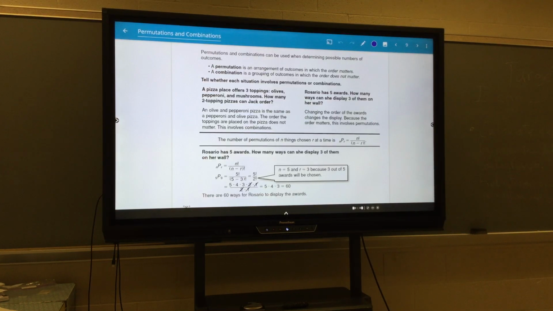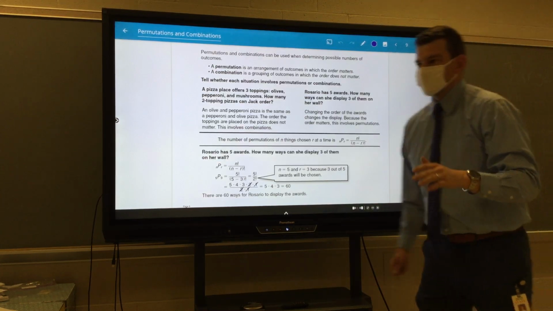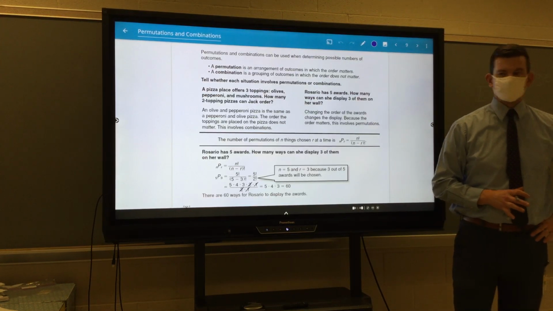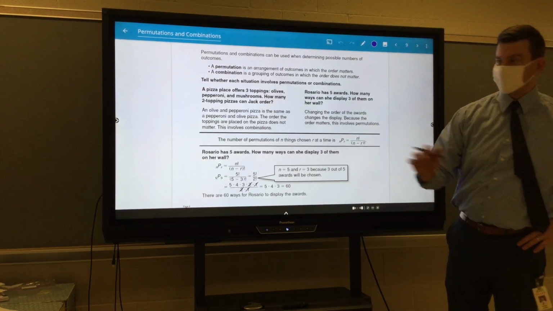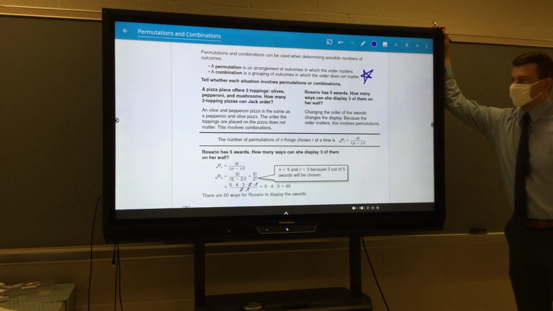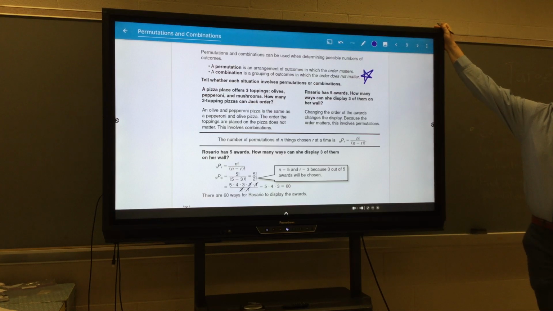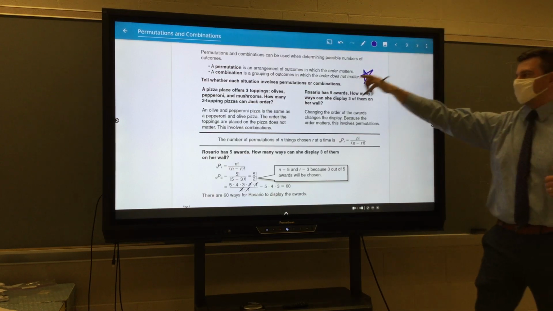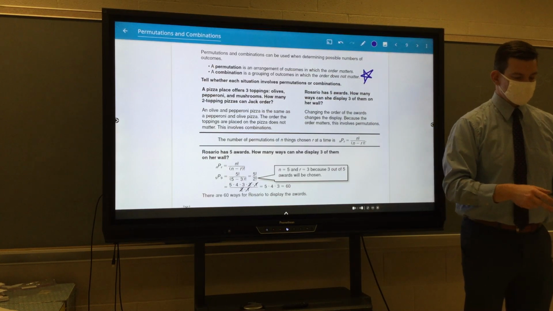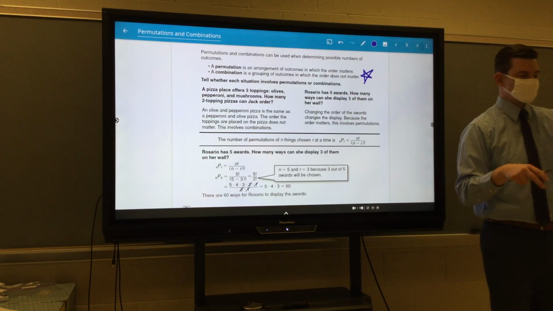Now, my guess is that if you do have some background with permutations and combinations, if you remember anything, this is what you remember about that. A permutation is an arrangement in which the order matters. A combination is an arrangement in which the order does not matter. Permutation, order matters. Combination, order does not matter.